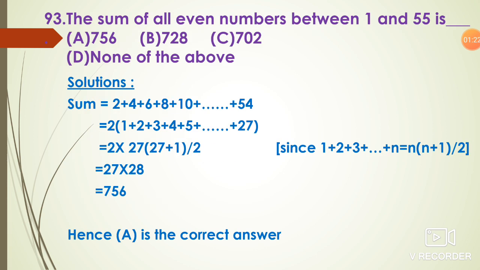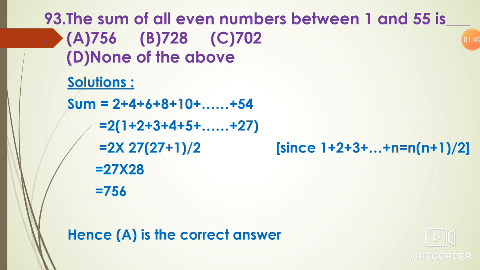Question number 93. The sum of all even numbers between 1 and 55. Sum equal to 2, 4, 6, 8, 10 up to 54. If we take 2 as common, inside the bracket it will be 1 plus 2 plus 3 plus dot dot dot plus 27.